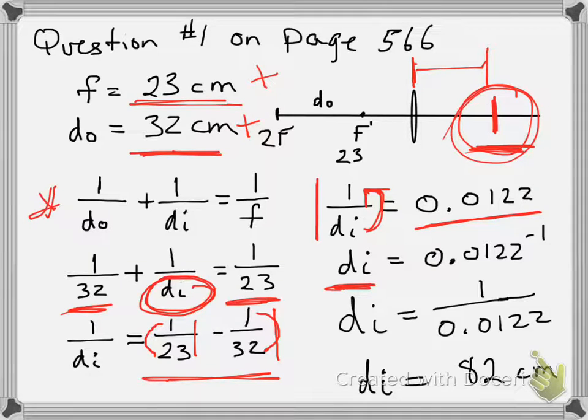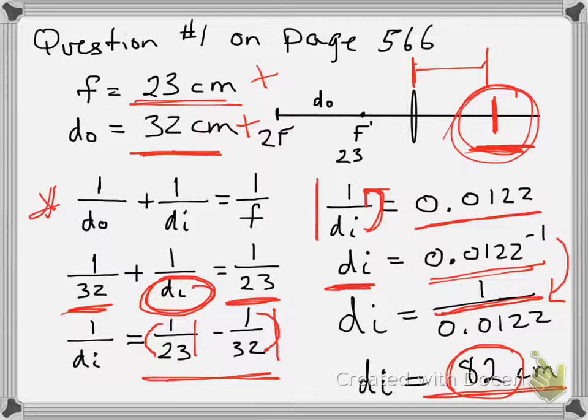So you're taking this decimal to the negative 1, or really taking 1 and dividing it by 0.0122. Then this gives you your answer. The image will be 82 centimeters from the center of the converging lens.